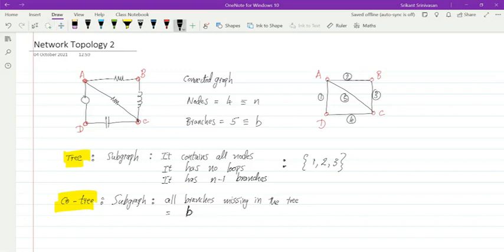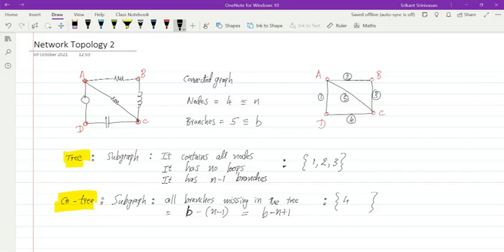So that's b minus n minus 1, so that's equal to b minus n plus 1 branches. Fine. So what is the value here then? If we say the tree is 1, 2, 3, then what is the co-tree?